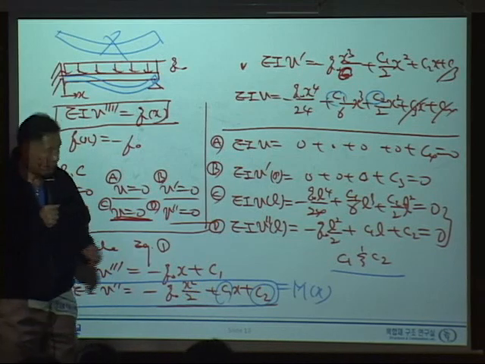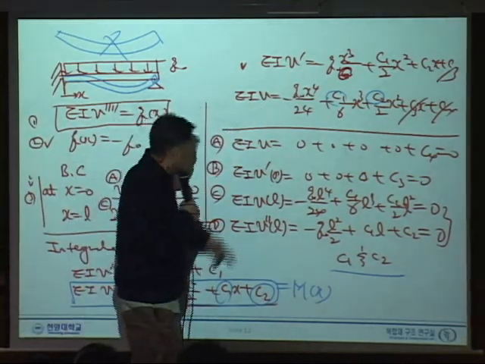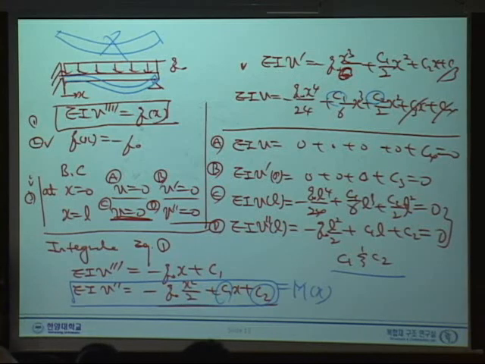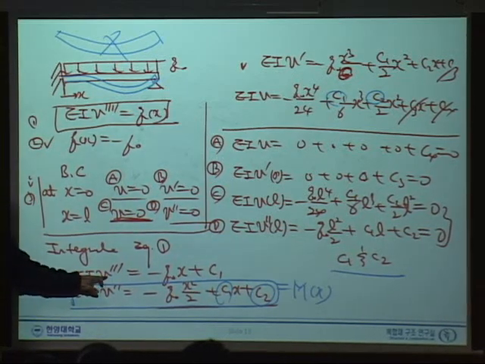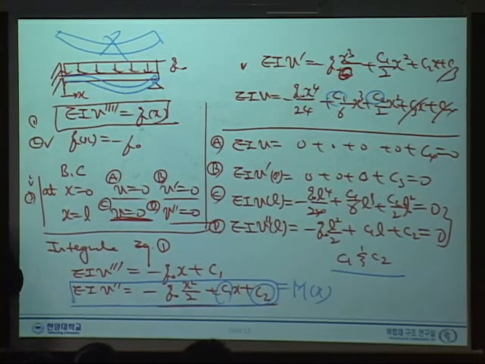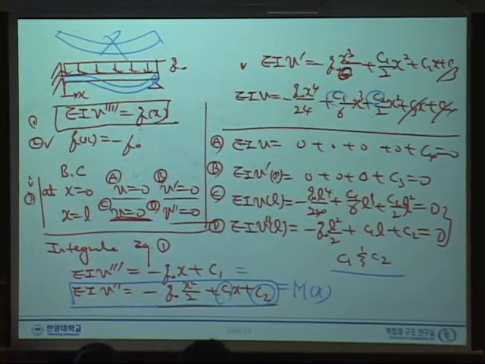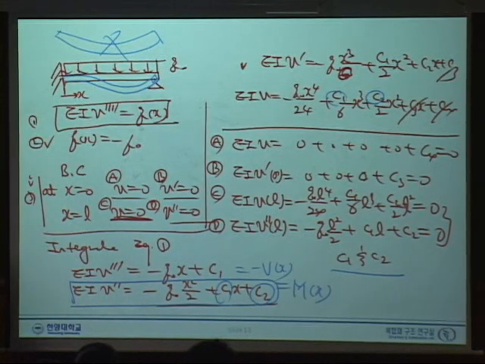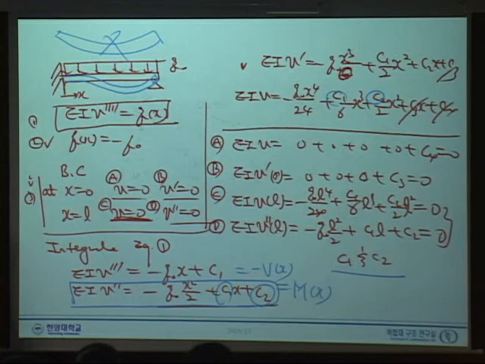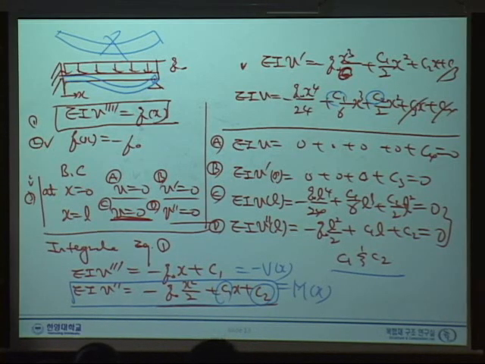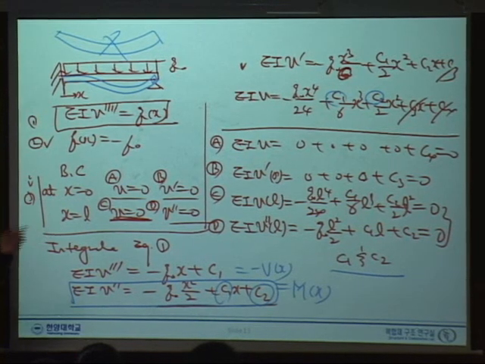And how about the V? Well, the third derivative gives the V. So this needs to be minus Vx. Back a slide, this one, okay? Any question up to here?